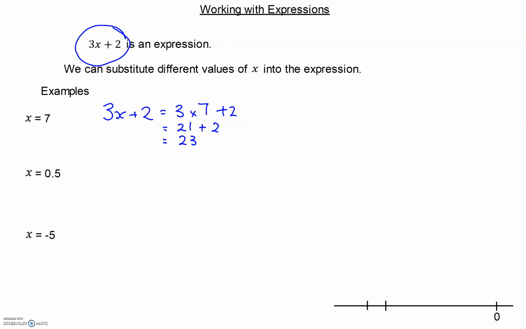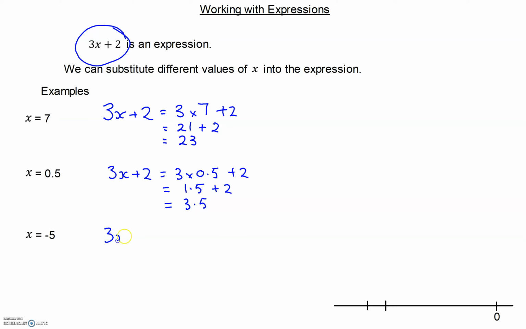So 3x plus 2 becomes 23. When x is 0.5, then 3x plus 2 is 3 times 0.5 plus 2. 3 times 0.5 is 1.5, and when we add on 2, we get an answer of 3.5.